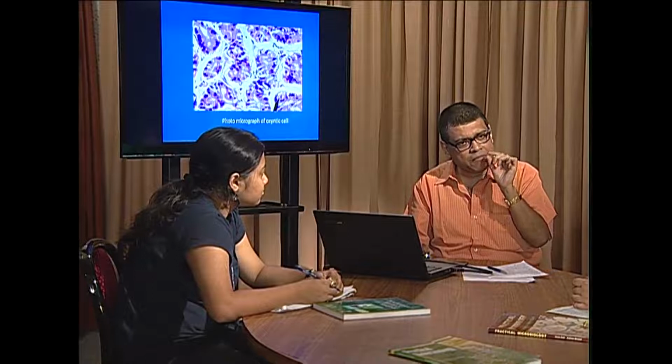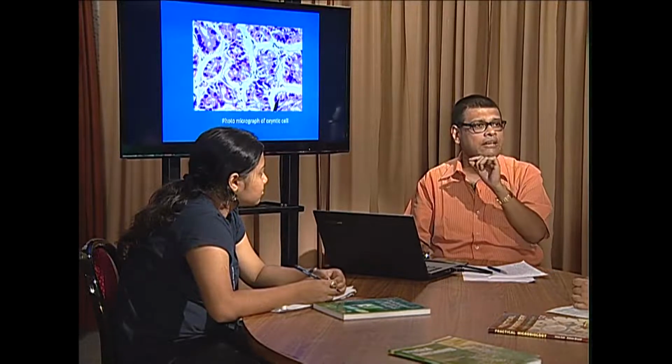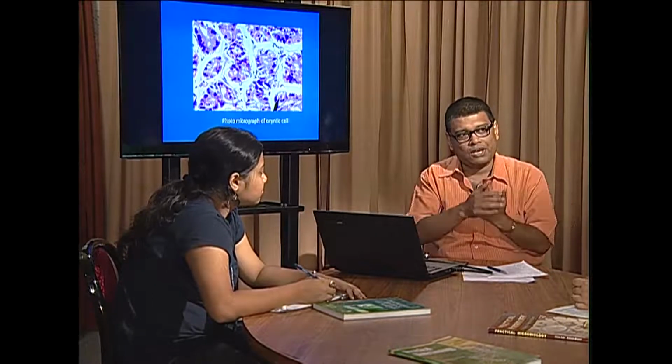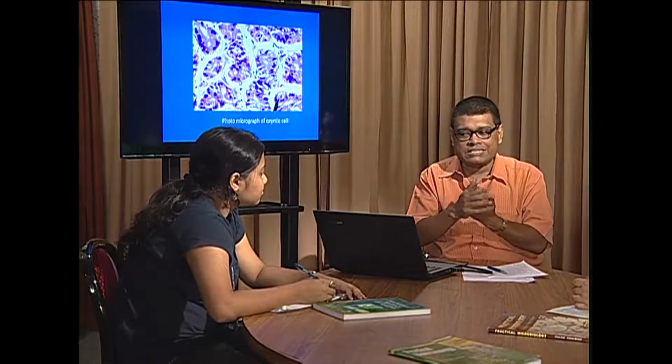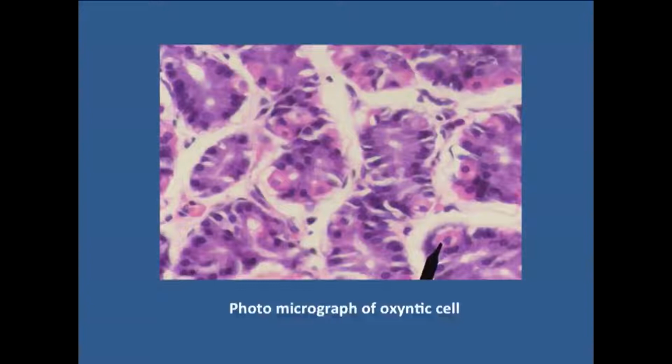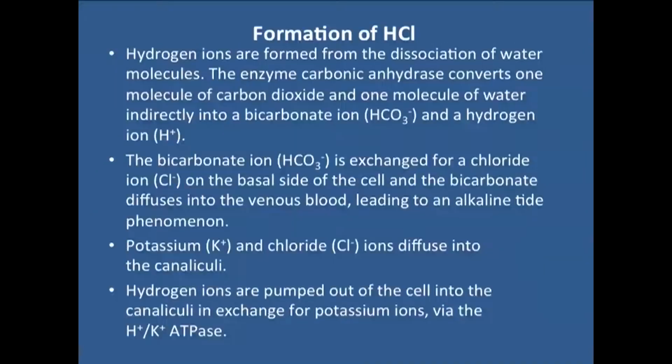But the most important enzyme gland is the gastric gland, present along the lining of the stomach. And in this gastric gland, one of the cells is the parietal cell, the oxyntic cell, which produces HCl. And this HCl is formed by the selective entry or exit of hydrogen ions into the lumen, and also the chloride ions diffuse into the canaliculi.